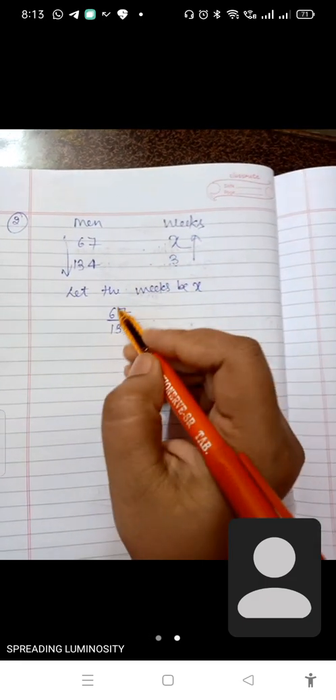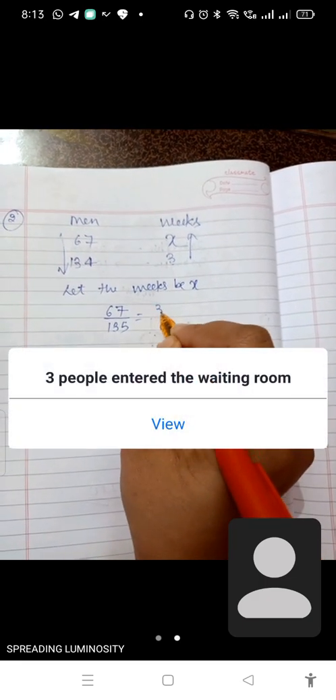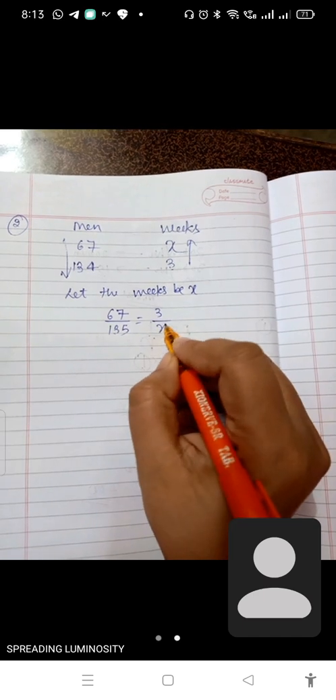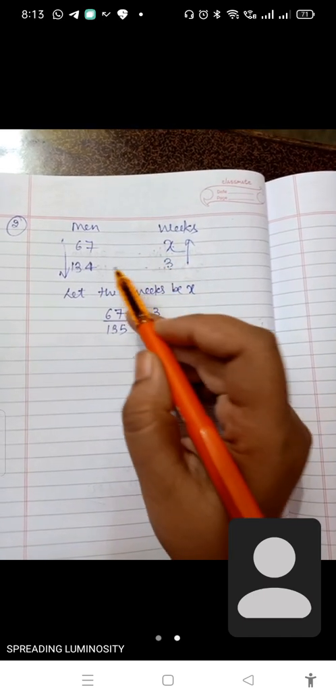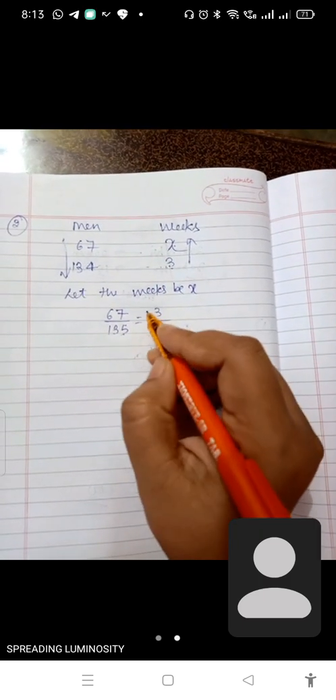First fraction you will write as it is, but the second will be inverse. It will be 3 by x. It will not be x by 3. Here we have written as it is, but here it will be reciprocal.